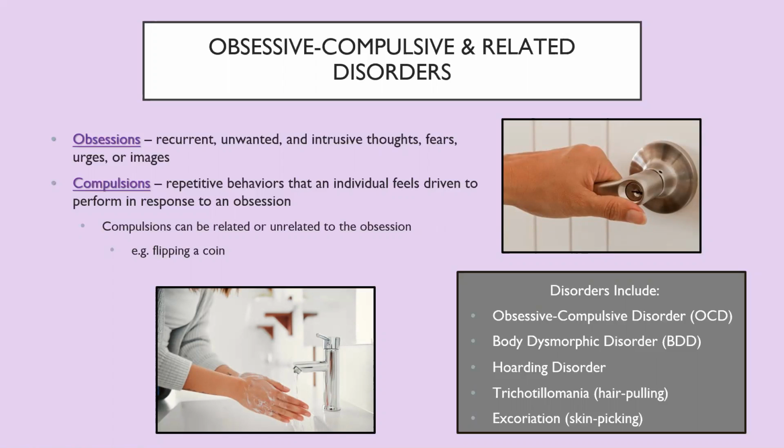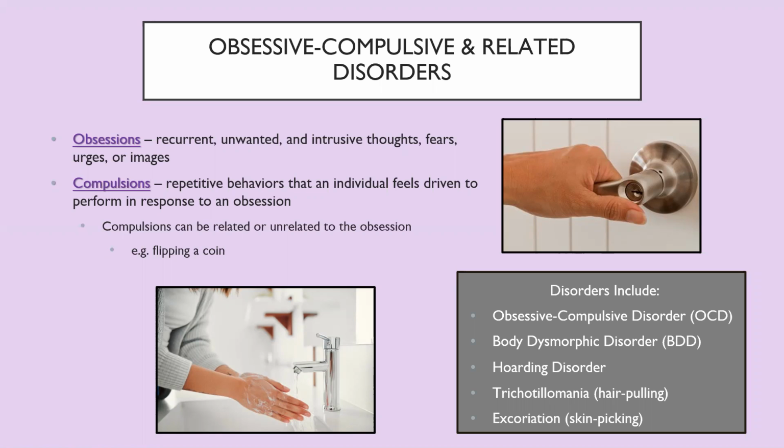So an obsession is often something that someone doesn't want to think about, but the thought just pops into their head. It's intrusive. It could be something like a violent image, an uncomfortable image, an inappropriate sexual image, or just some sort of other unwanted urge, thought, thing that you don't want to think about.